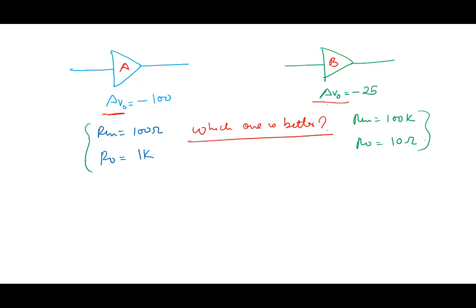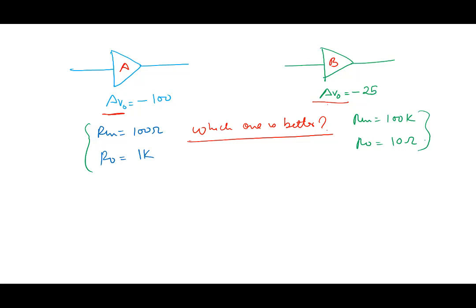Yes, if let's say RS is around 1k. And R0 is, RL is.